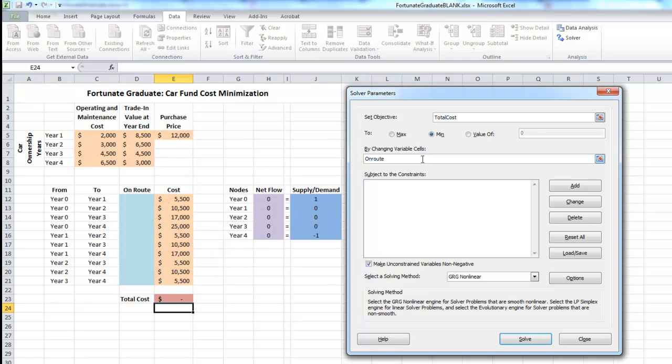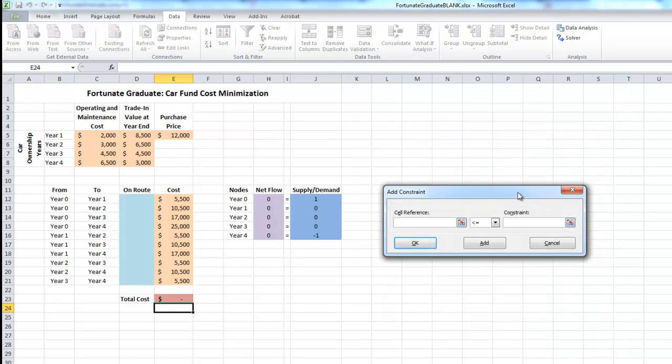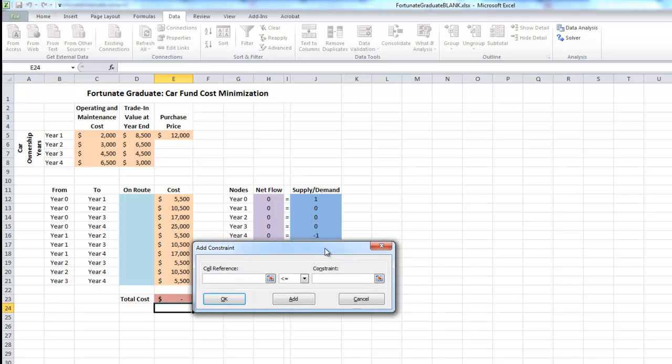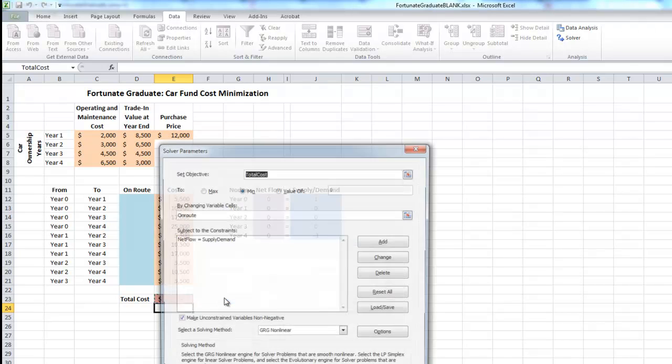Now, we do have a constraint in this problem, so we'll click Add under Subject to the Constraints. We know that net flow must equal supply demand. And again, that's just because we named the purple net flow and we named the blue supply demand in our spreadsheet. So we'll go ahead and click OK.